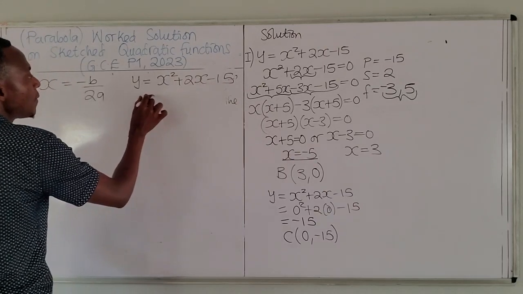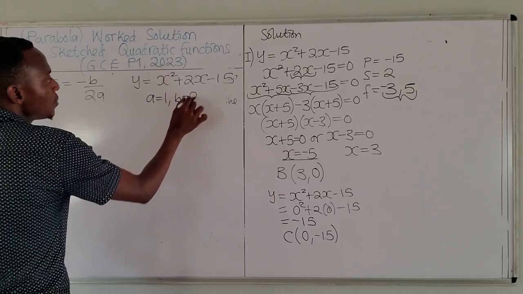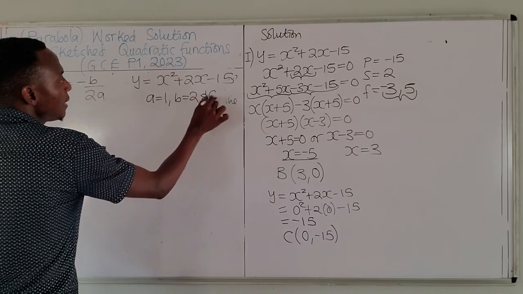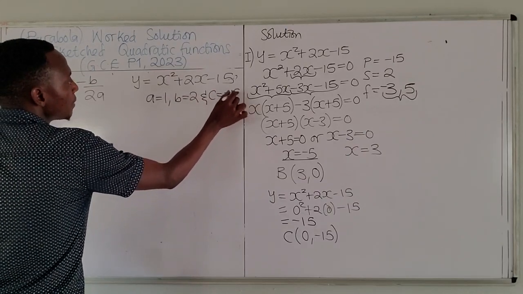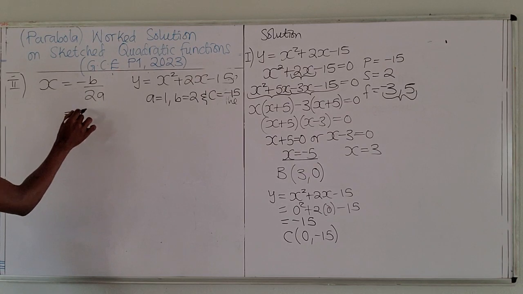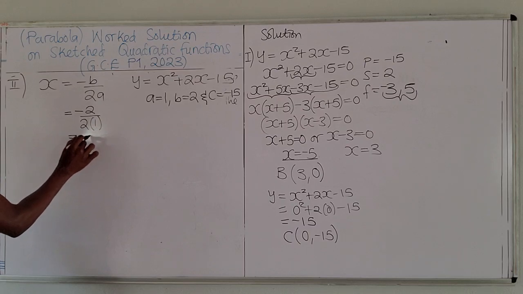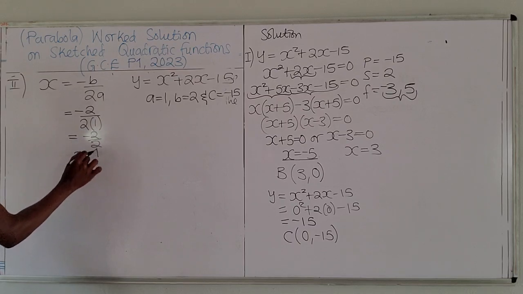In this case, our a is 1, our b is 2, and our c is negative 15. So we substitute. On the formula we have negative b, our b is 2, over 2 times a, our a is 1. So this gives us negative 2 over 2, which gives us negative 1.